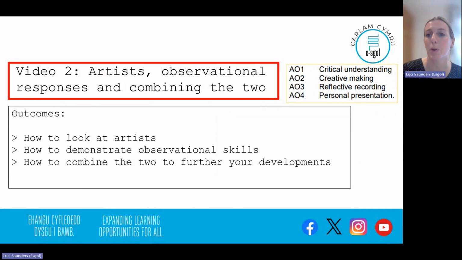You'll also be responding in a creative way, and you'll also be recording that and presenting it. So all 4 of the assessment objectives are always feeding into each other. Try to keep that in mind as you're working, and think about how they feed into each other rather than thinking of them as separate assessment objectives.